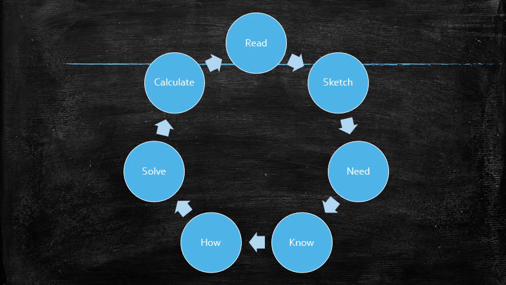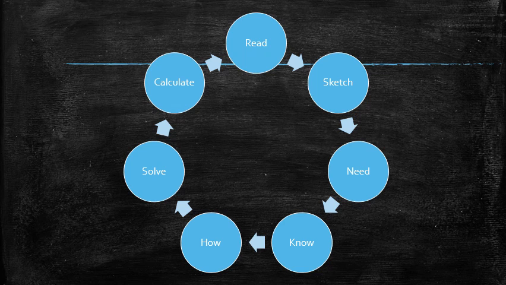Know: list everything else we know from the problem. How: the equation or the formula relevant to the need and the known, what we need and what we know.